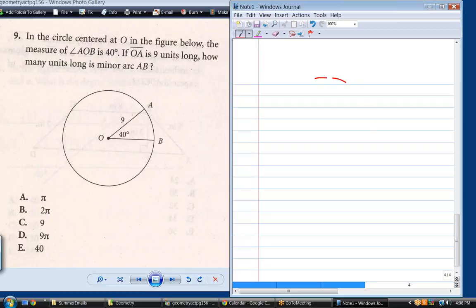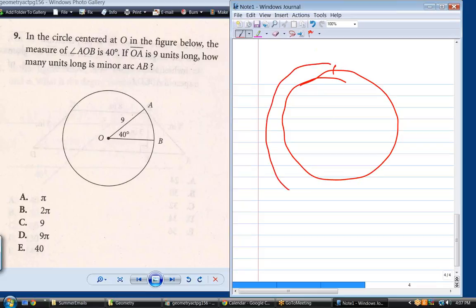When you have a circle, the distance from one point on the circumference all the way around can be measured as a circumference or it can be measured as an arc. That's 360 degrees.